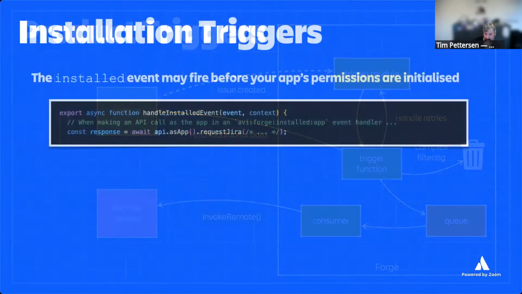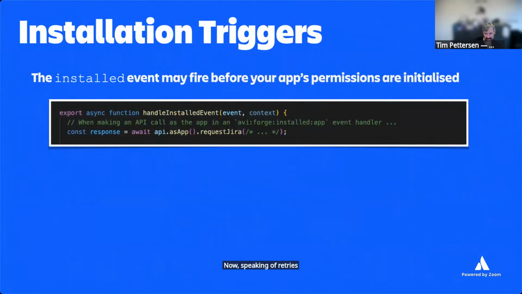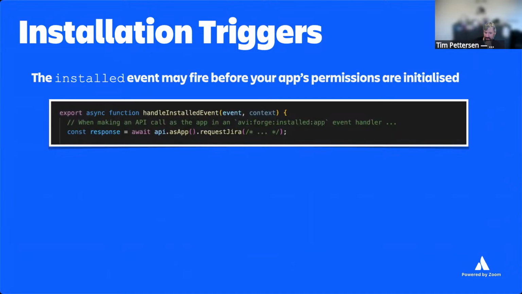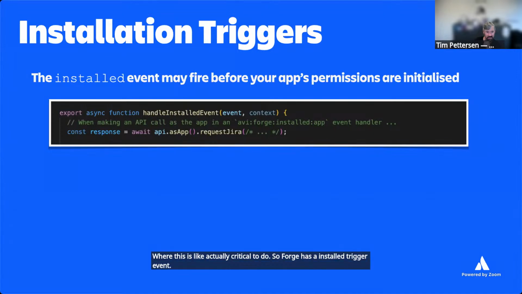Now, speaking of retries, there's one particular context in Forge to be aware of where this is actually critical to do. Forge has an installed trigger event. One of the gotchas with the installed event is that it may fire before your app's permissions are initialized inside of the product that is being installed into.